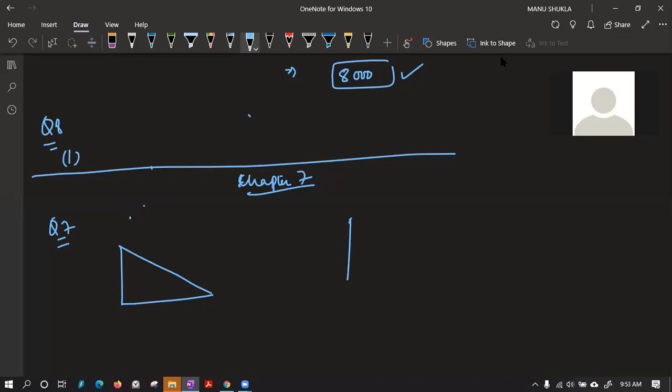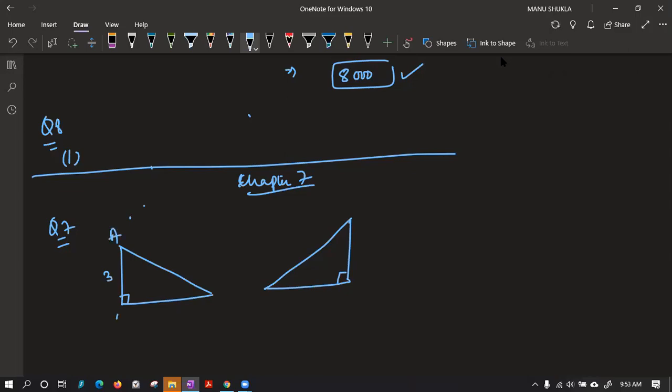Suppose triangles ABC and PQR. This is 3 centimeter, 3 centimeter. This is 4 centimeter, 4 centimeter, and this is 5 centimeter, 5 centimeter. You can see, Mokshita, these two are congruent by SSS.